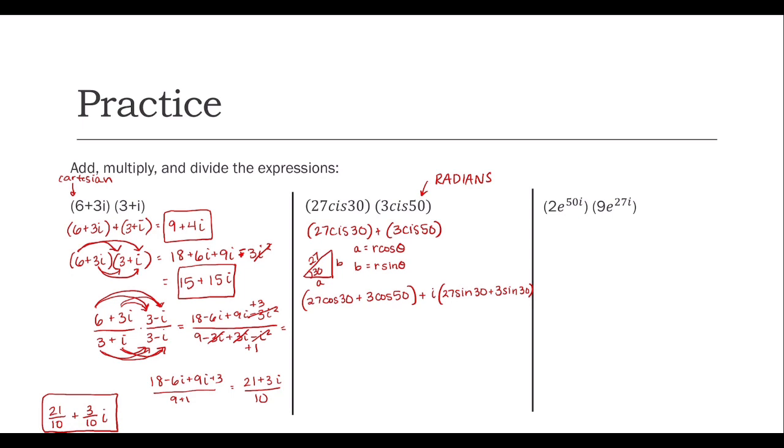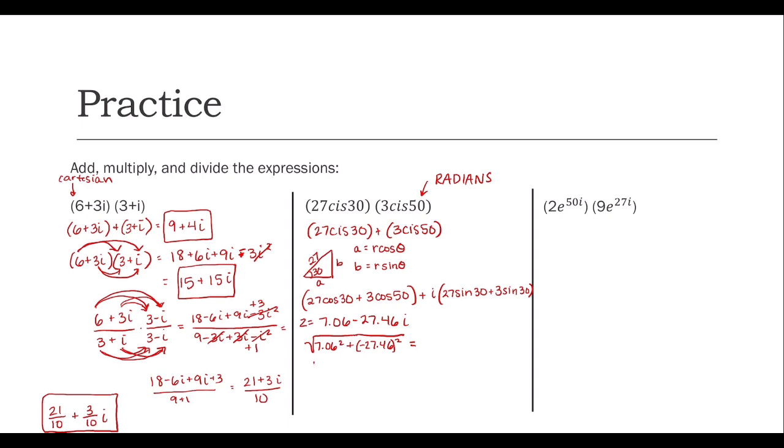So when we enter those values into the calculator, we'll get our Cartesian form of the sum, which is 7.06 minus 27.46i. So then we need to convert that back into our polar form. So we would have our square root of the A value squared plus the B value squared.